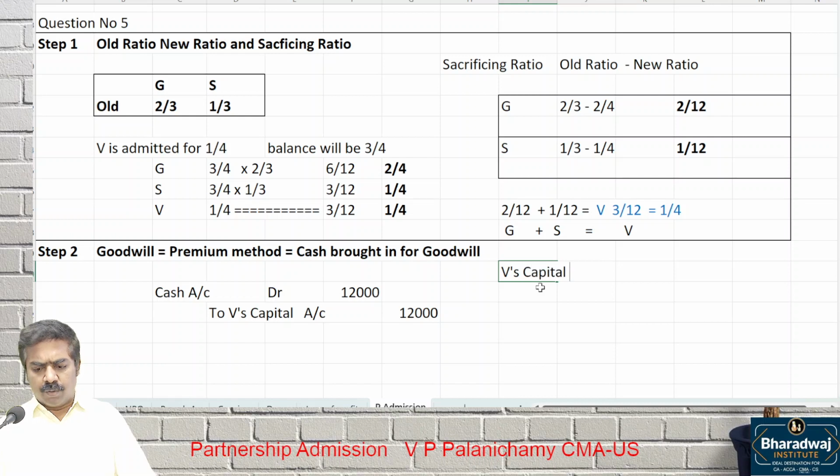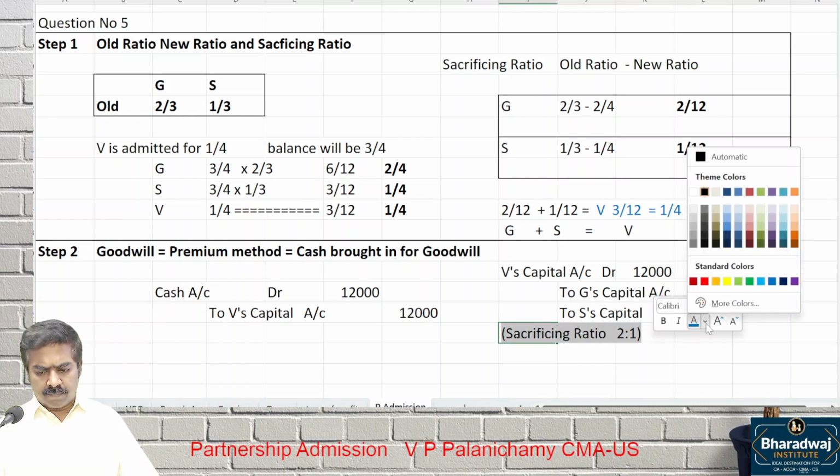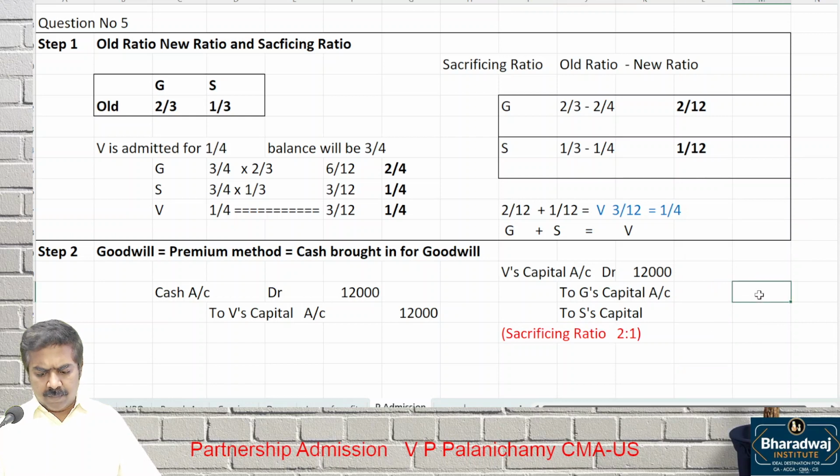B's capital account debit 12,000 to the old partners, G's capital account and S's capital account, in sacrificing ratio 2:1. It will be 8,000 and 4,000.